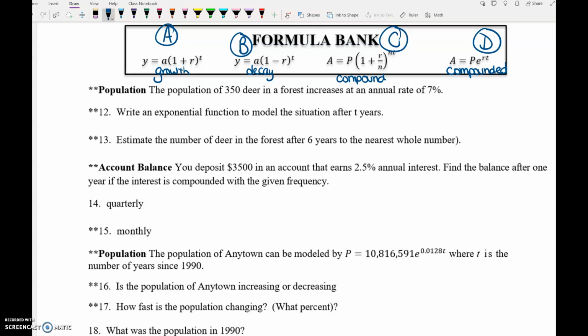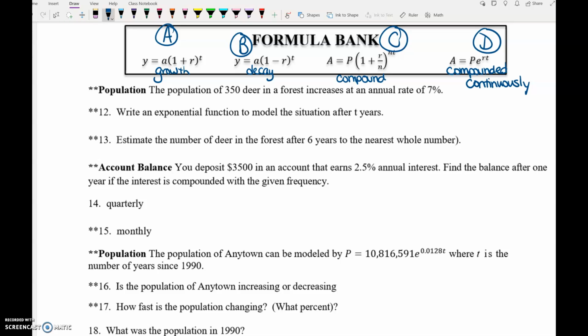When you see the phrase compounded continuously, you use the PERT formula, formula D. So if you see compounded, it's either C or D. If you see the word continuously, it has to be D.